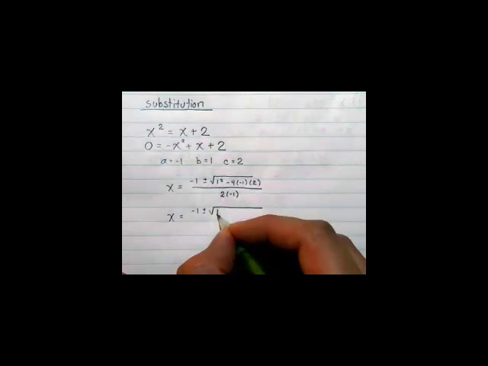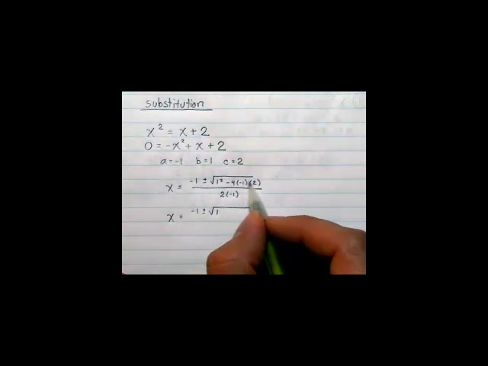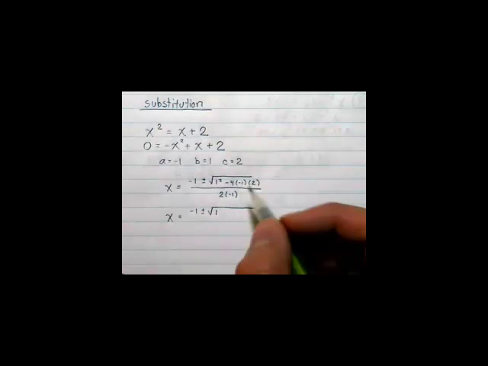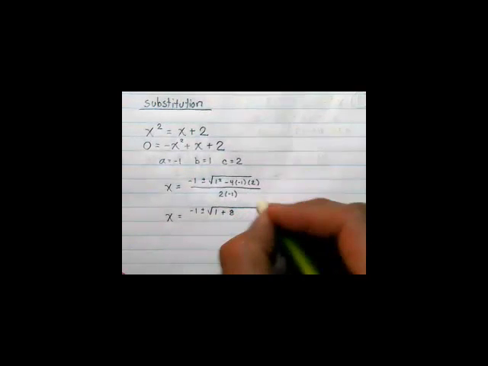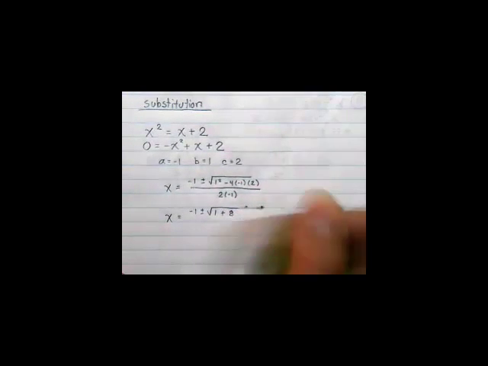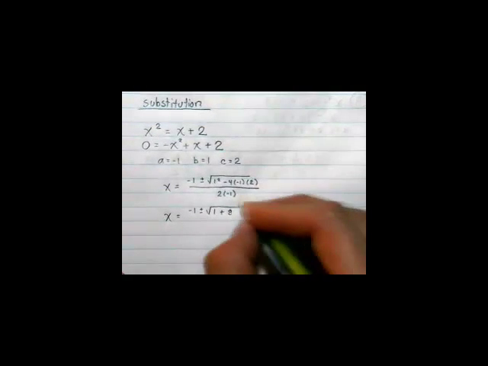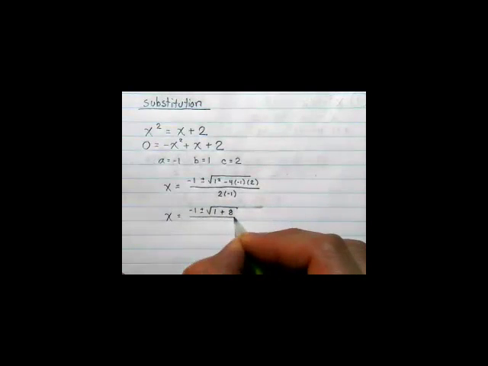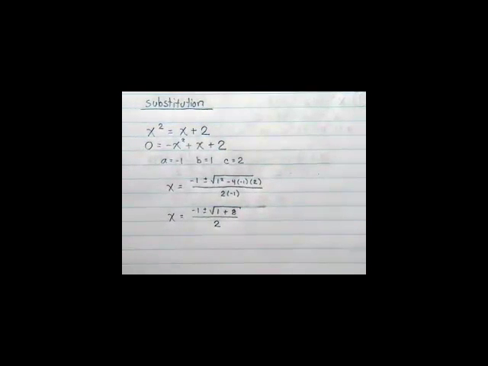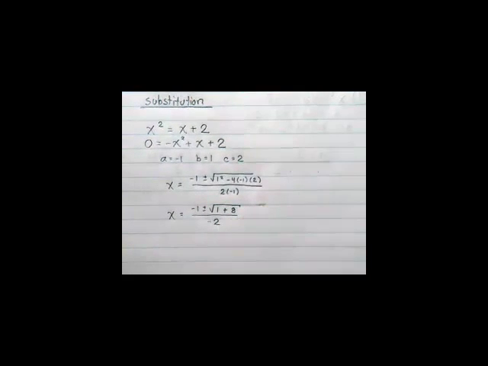So we simplify that square root up a little bit. 1 squared is 1. 4 times 1 times 2 is 8, but there's 2 negatives in there, so it's +8 still. So we got 1 plus 8 under the square root then. And then 2 times 1 is, well, -2, thank you.